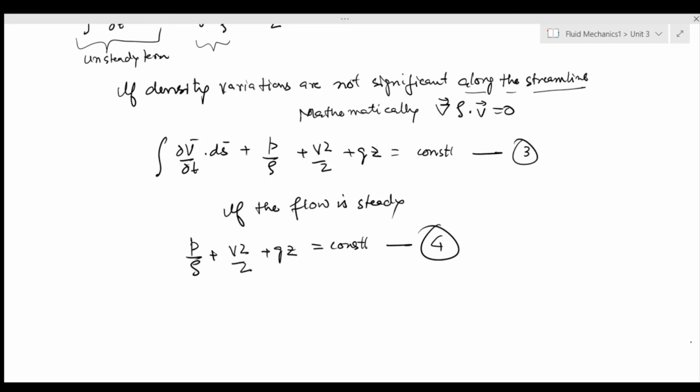Now, if to start with from equation 1, the equation 1 which we had to start with, if we would have said that we have irrotational flow, then let us see what would happen to our Bernoulli's equation. For irrotational flow, vorticity would be 0.